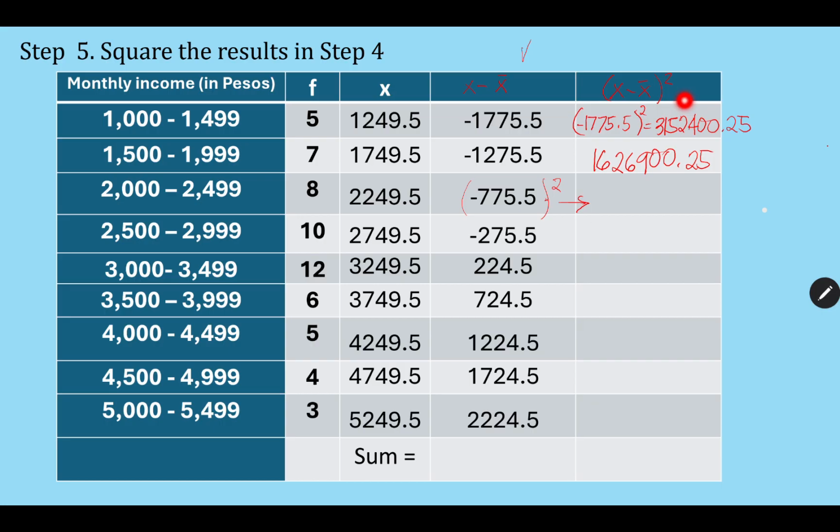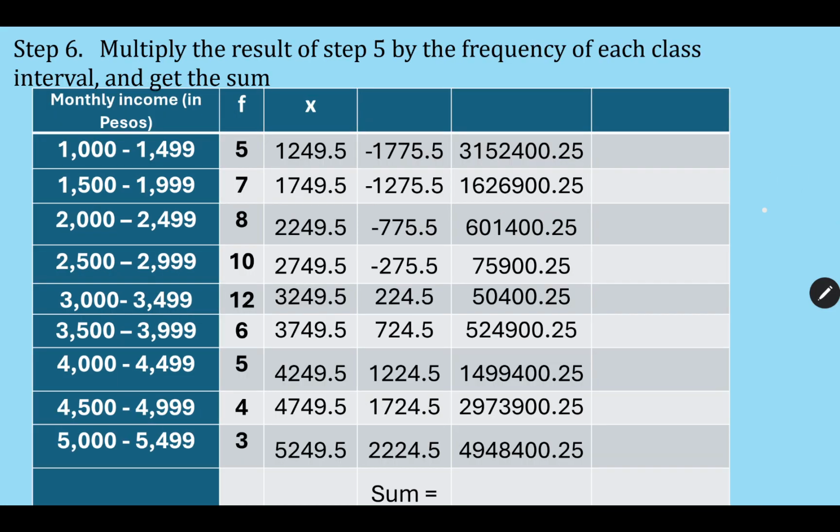So you keep doing that, you square this, you raise to the power of 2 to write it here. Then of course, we have here for the last line, this is equal to 4,948,400.25. Okay, so this will be the result of that table.